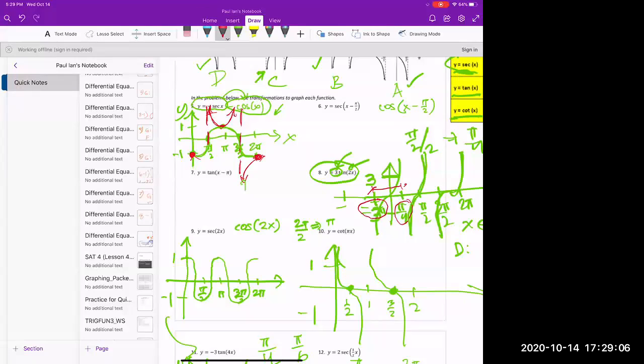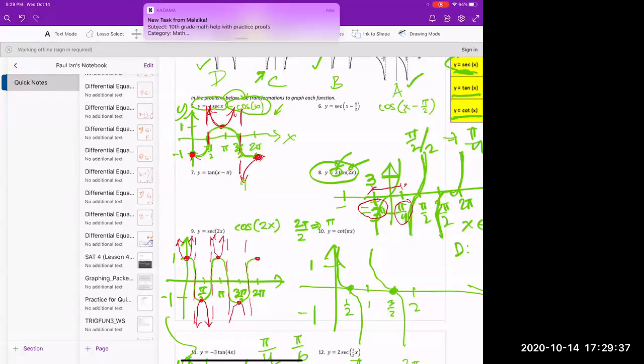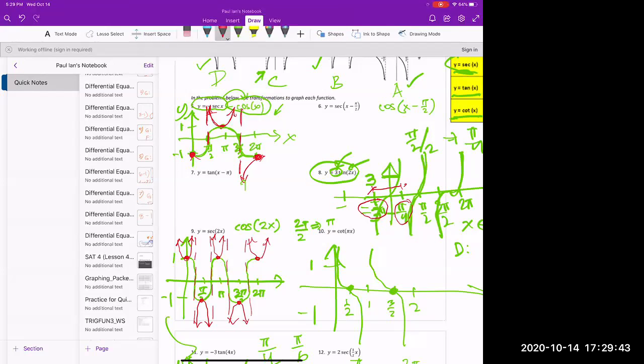And then they share the same thing here. And then you just have to, where it's 0, that's where you have the asymptote. And then you have this guy. Okay. And then you just draw it like this. And then you continue. So that's the graph, right?